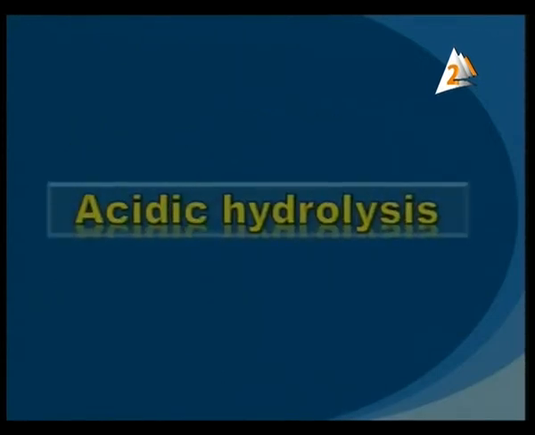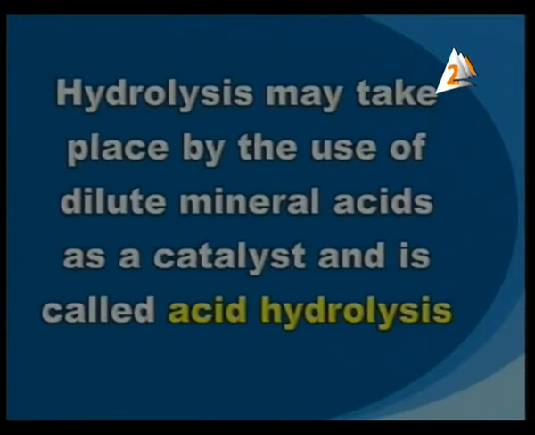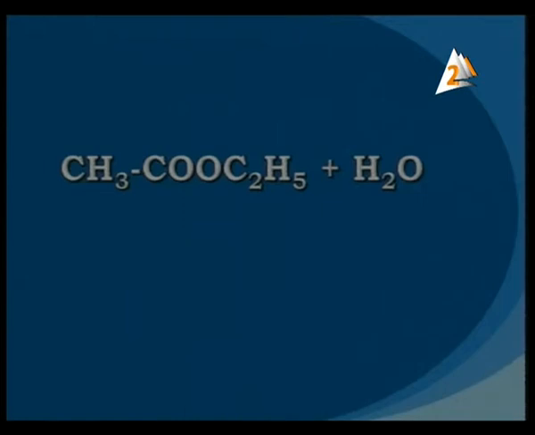Look at this: acidic hydrolysis. Acidic hydrolysis may take place by the use of dilute mineral acid as a catalyst. You remember, it is called acid hydrolysis. So you have CH3COOC2H5, an ester, ethyl acetate, plus water.